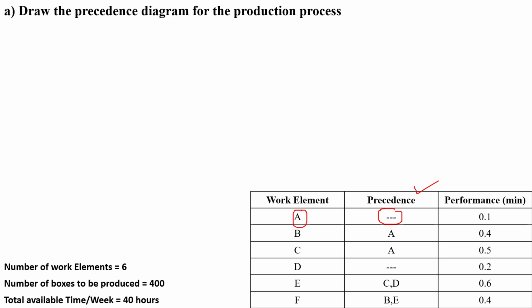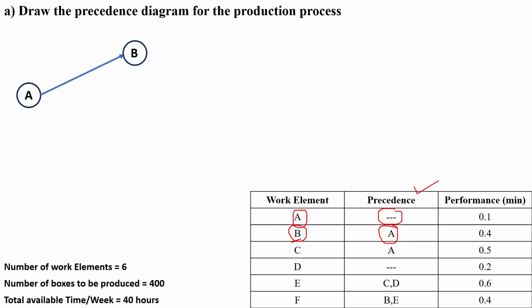So first you have to represent the work element A like this. Next work element is B. For this, the precedence element is A, which means after completion of A, it will start. So draw the element B like this.